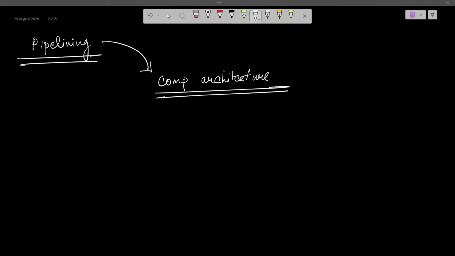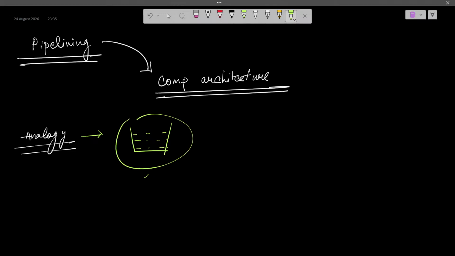Okay, so first of all, let's start with an analogy. Let's just try to relate computer pipelining with real life. Let's say we are delivering a bucket, and one person is trying to deliver this bucket.